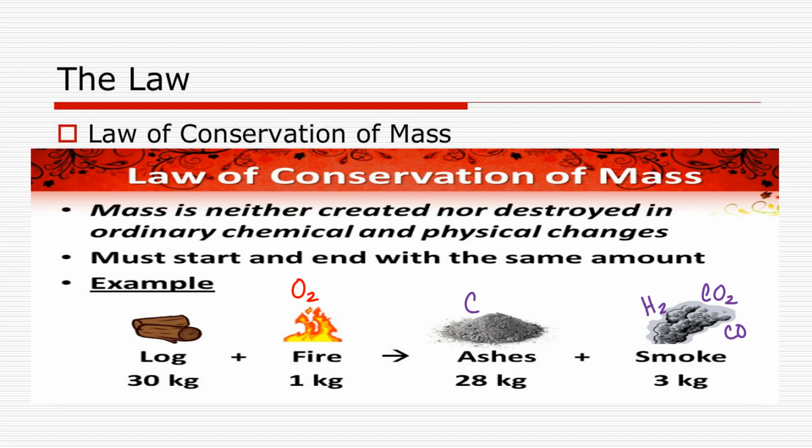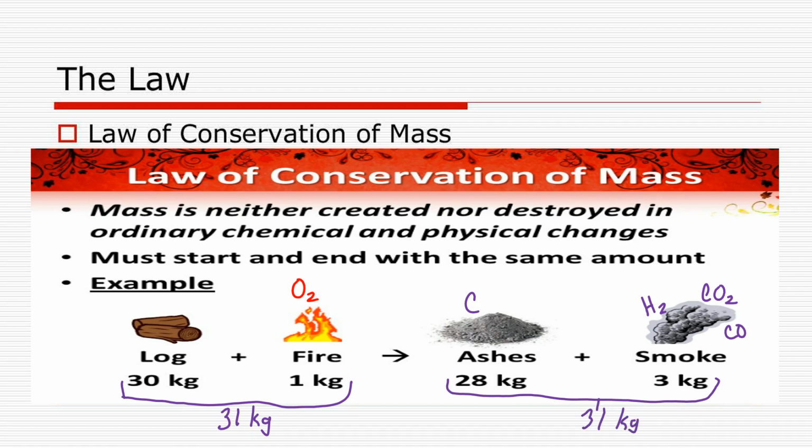But law of conservation of mass tells us that if I have 31 kilograms between my reactants, that means that my products also have to be 31 kilograms.